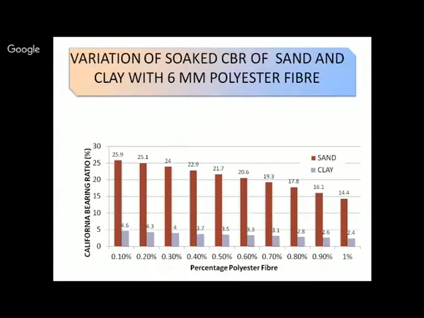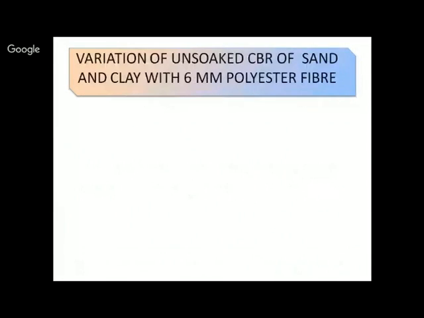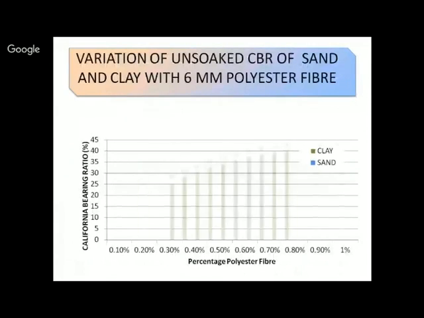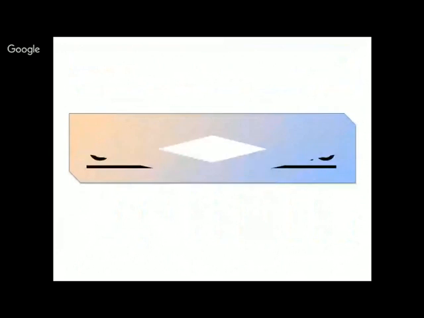Now coming to the 6 mm length fiber, in this case 25.9% CBR was achieved for 0.1% of fiber, and 4.6% CBR was achieved in clay for again 0.1% fiber. Similarly, you can see the same behavior for unsoaked clay.